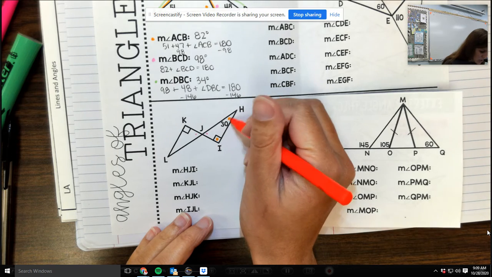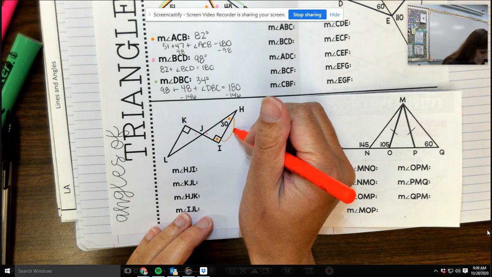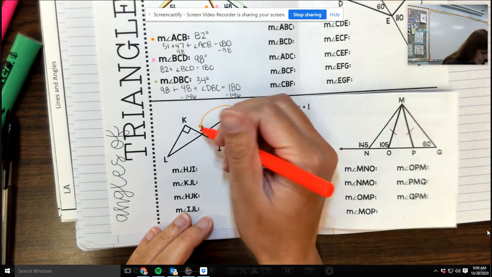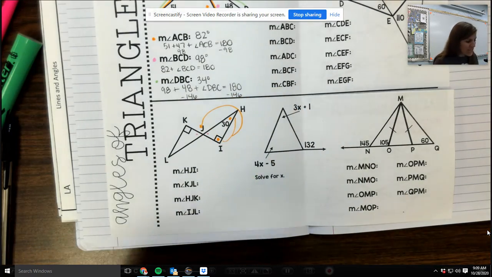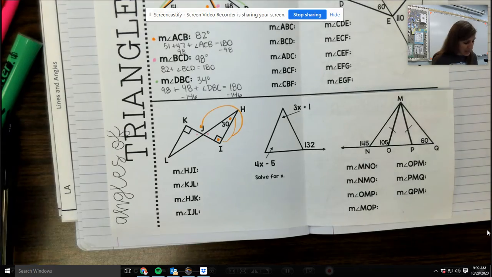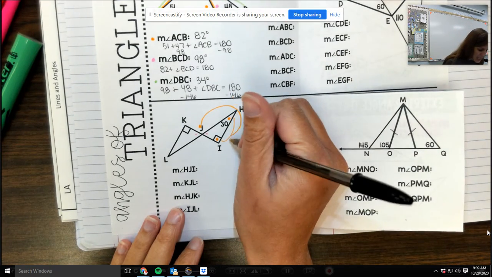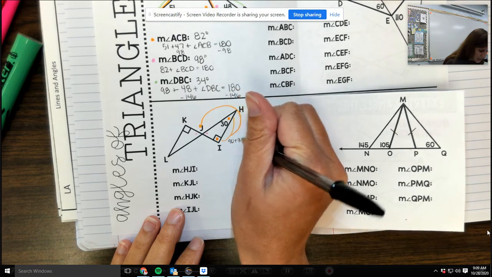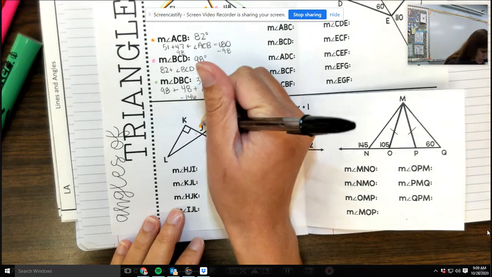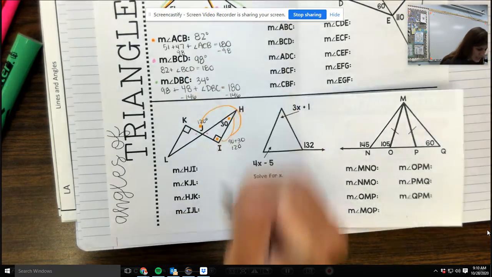So these two remote interior angles can add up to equal this outside one, which isn't super helpful. It's not inside the triangle, but it's something to do. So like 90 and 30 will be 120. So this out here would be 120 degrees.